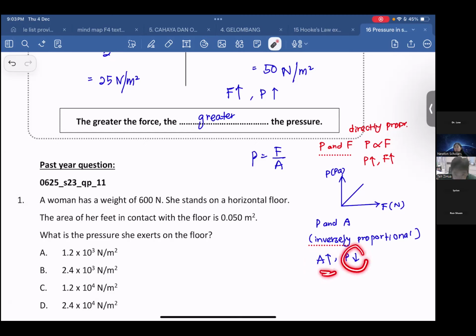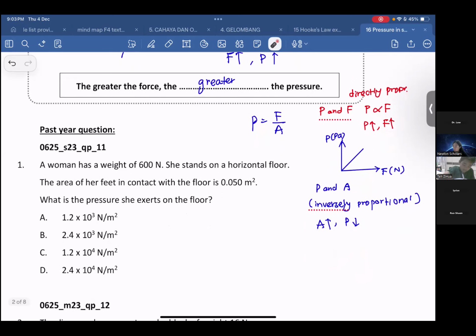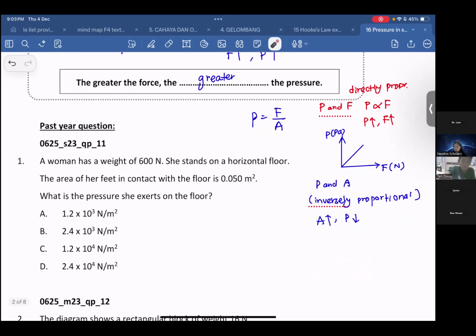So when you step on the field, you will sink. It's because the area decreases, so your pressure increases. So your high heel part will sink into the field. So here, pressure and area are inversely proportional.